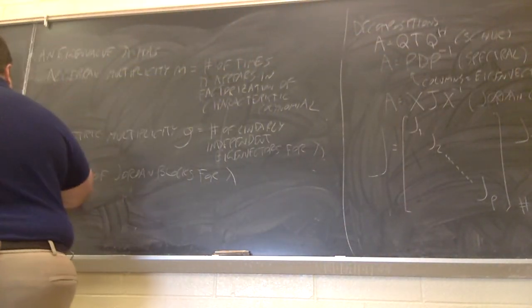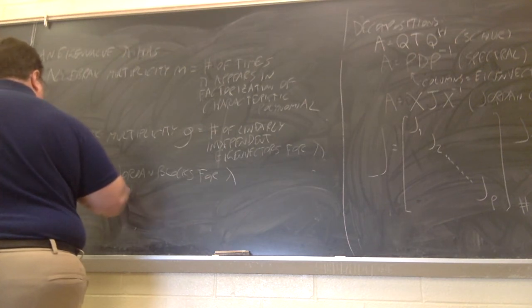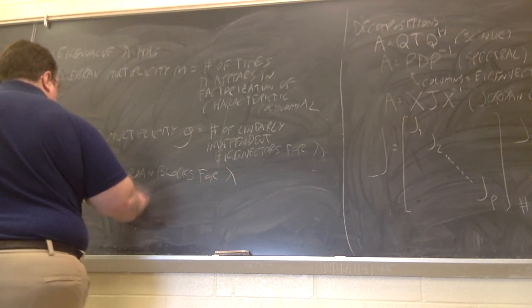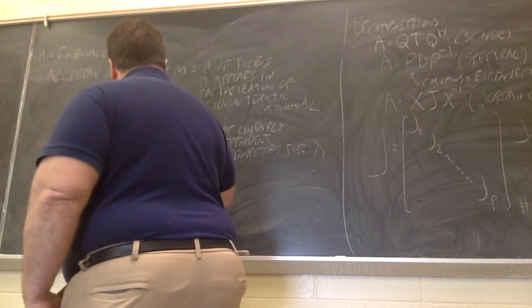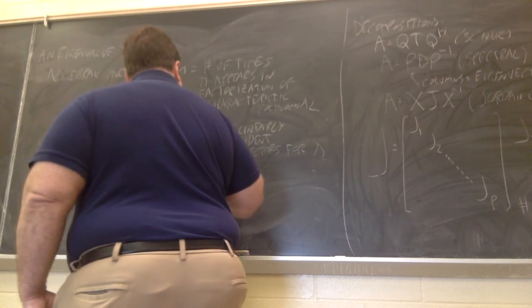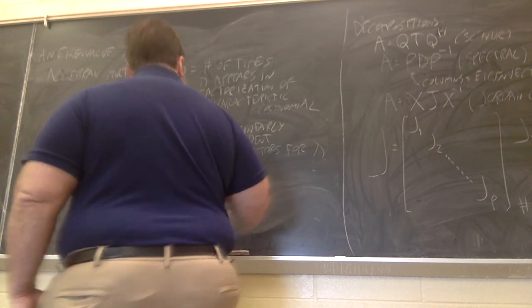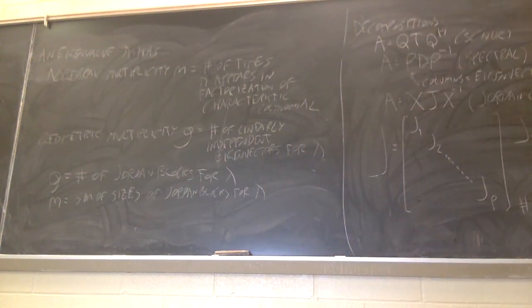And then the algebraic multiplicity M, you get that number by adding up the sizes of all of those Jordan blocks that have that particular eigenvalue on the diagonal.